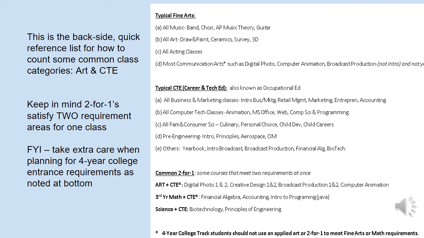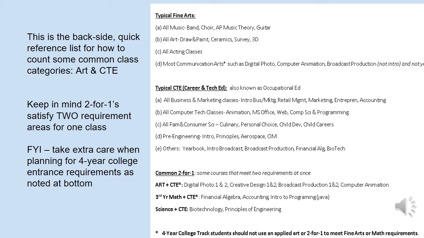So typical fine arts, any music class, any art department class, any acting class, and some of the communication arts classes would count as your art requirement. CTE, or career and tech ed, which is also referred to as OC ed, I believe, in career cruising. Any business and marketing classes, any computer applications classes, most all of your family and consumer science classes, pre-engineering, and some other various classes like yearbook, broadcast, financial algebra also count as CTEs.